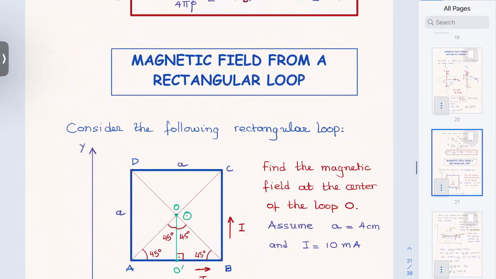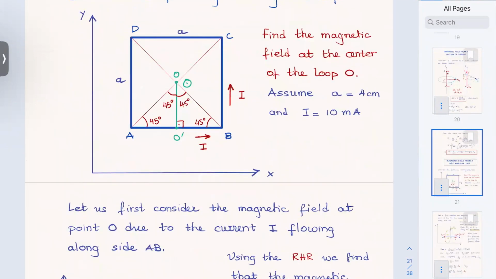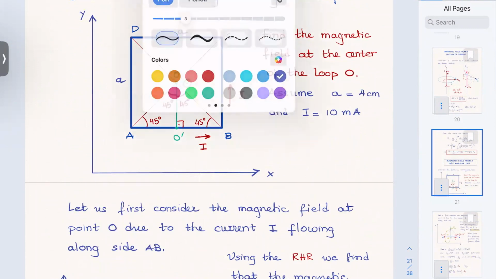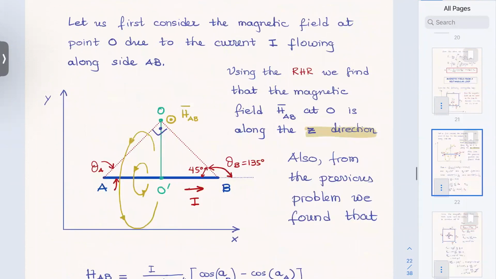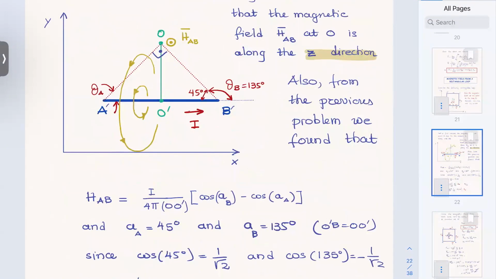So as a matter of fact, so we don't get confused, I would call them here A prime, B prime, C prime, D prime. So you have A prime and B prime here. Then we use the formula to find the magnetic field from that side, A prime, B prime, at point O.